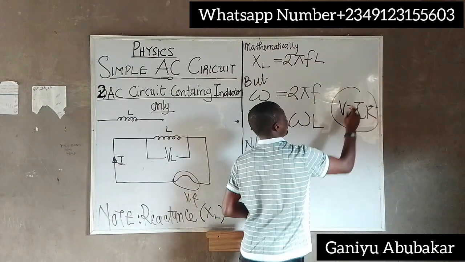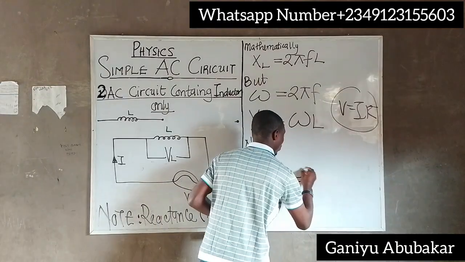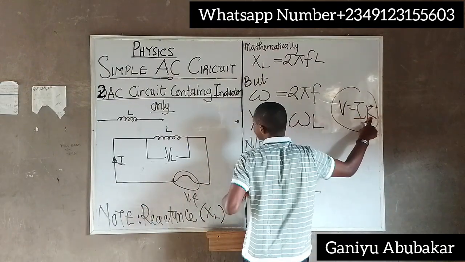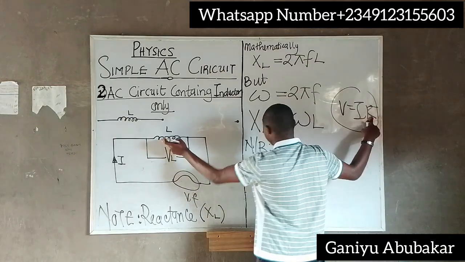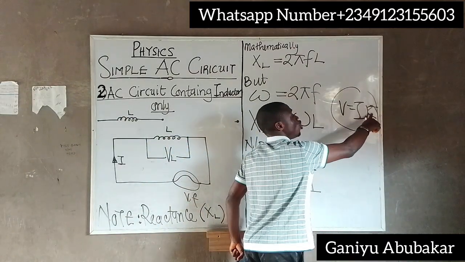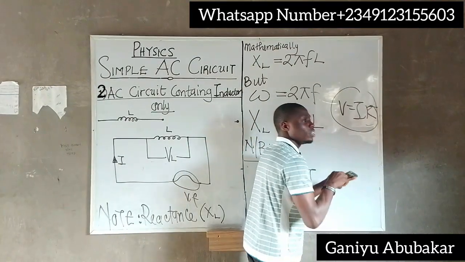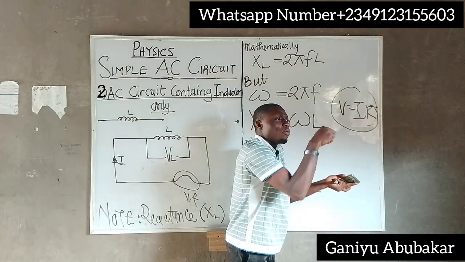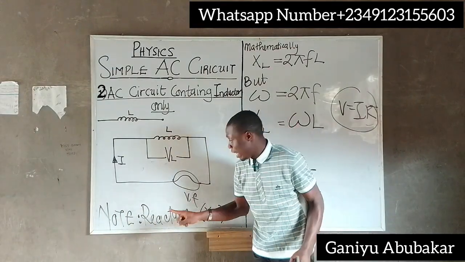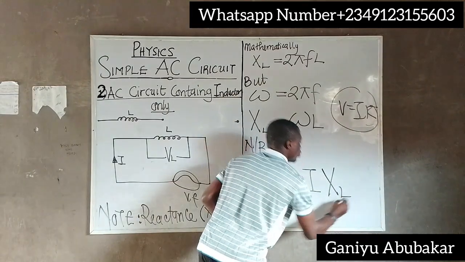In terms of an inductor, this becomes VL equals the current I times the opposition to the flow of current in an inductor circuit, that is XL.